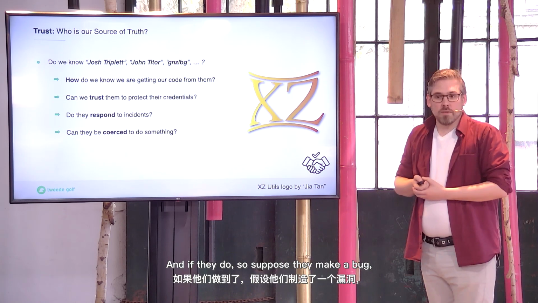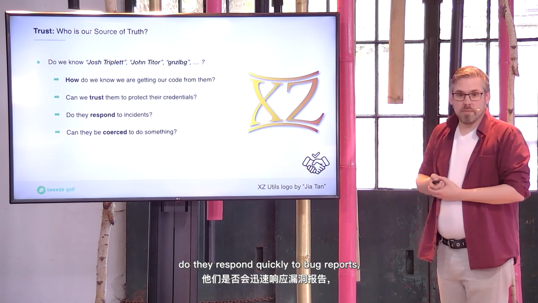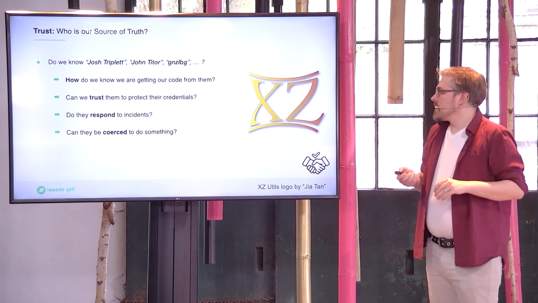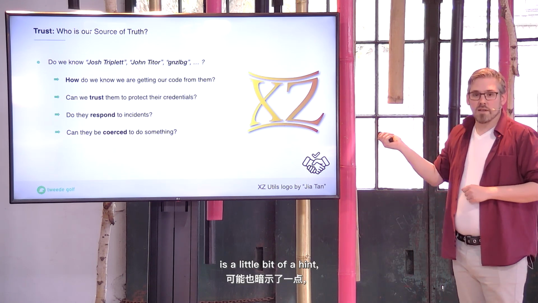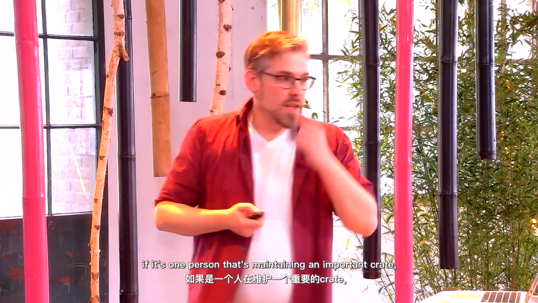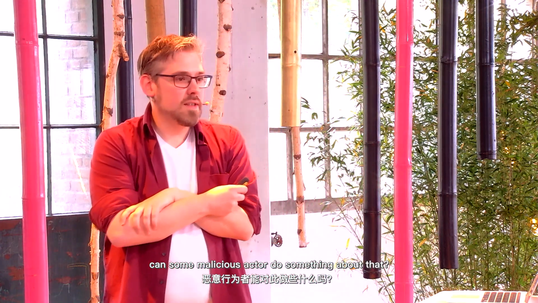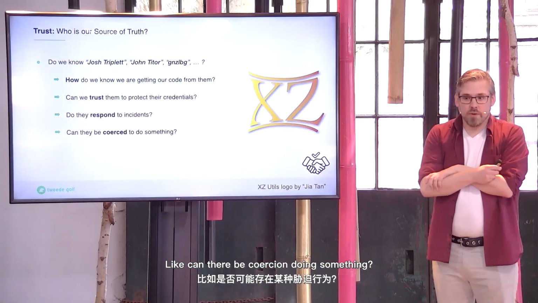And if they do, so suppose they make a bug, do they respond quickly to bug reports, or do they say, well, this is not really an issue, or you're using it wrong? And then, of course, and maybe the graphic here is a little bit of a hint. If it's one person that's maintaining an important crate, can some malicious actor do something about that? Like, can they be coerced in doing something?